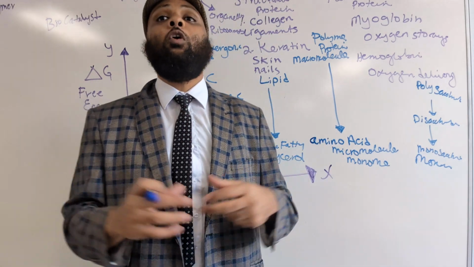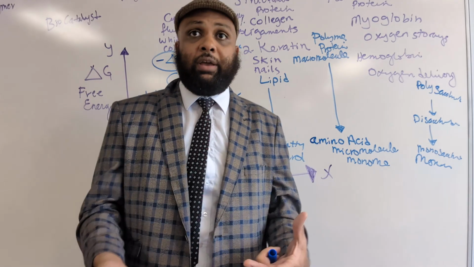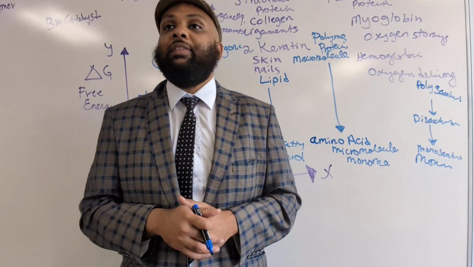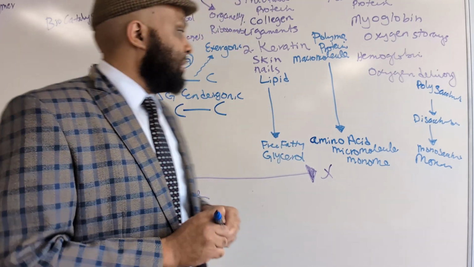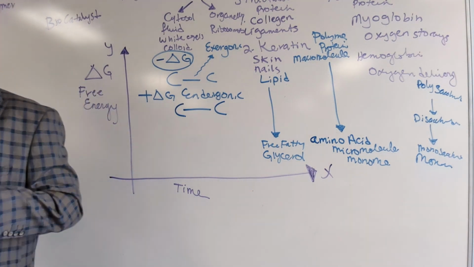But if I form the bonds, then I do not need energy. I'm storing the food in the form of energy in these bonds, and that is known as positive delta G, endergonic. Clear? Okay, so it's very important to know the difference between exergonic and endergonic.